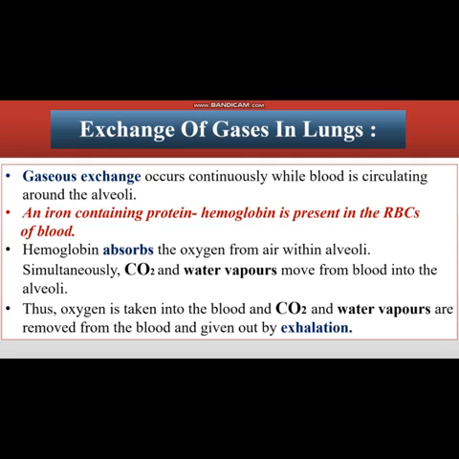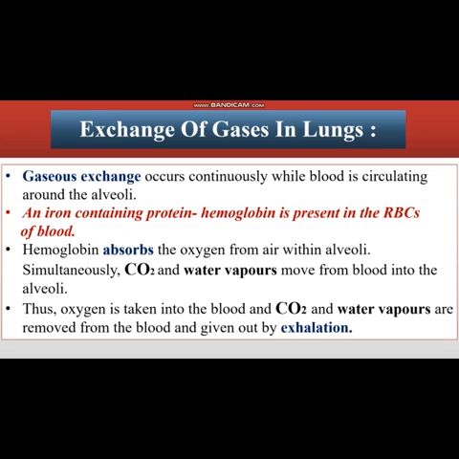An iron containing protein, hemoglobin, is present in the RBCs of blood. Very important. Iron metal containing protein, that is known as hemoglobin. Students, it is always present in the RBCs of the blood. Let us understand what hemoglobin does here. What is the function of hemoglobin?